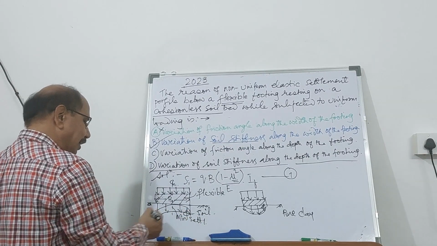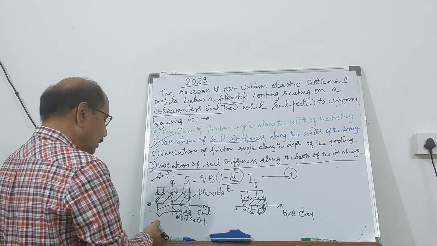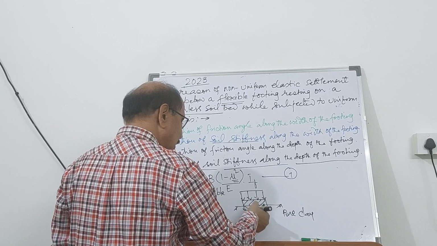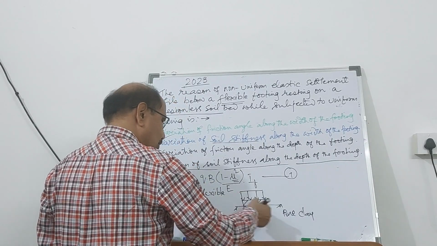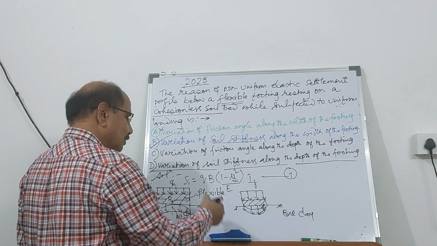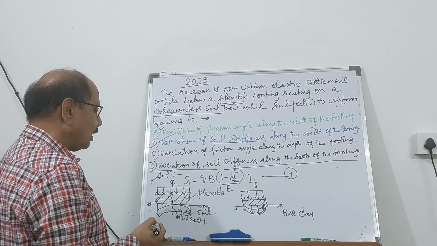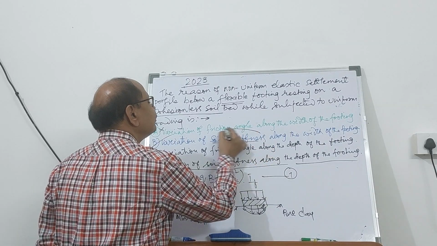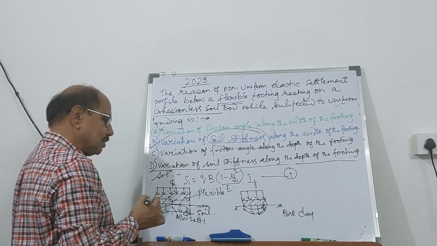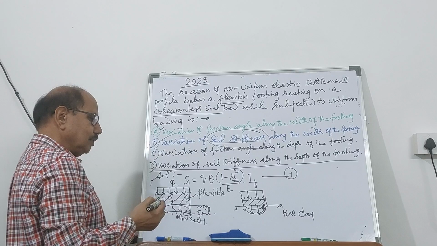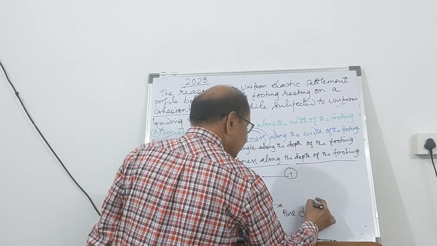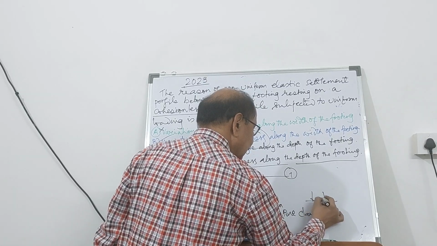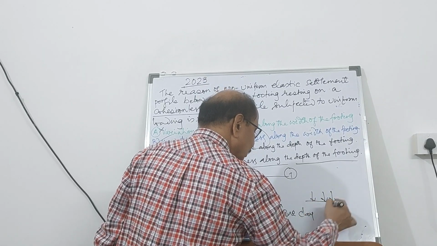So footing settlement, you can find out how it is going to settle and how the contact pressures, what would be the settlement. All those things you can discuss with the help of soil stiffness. So soil stiffness is going to change. It's a cup shape. If it is clay, the plate is going to bend like this.